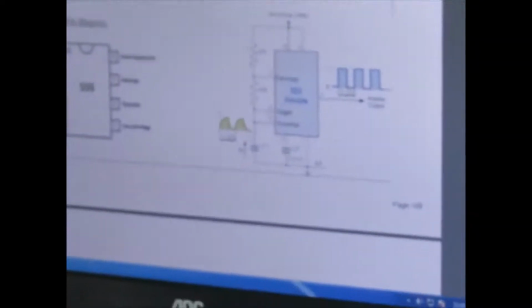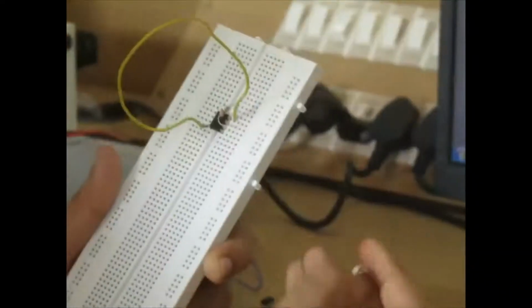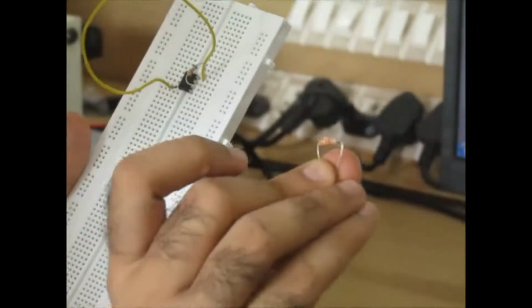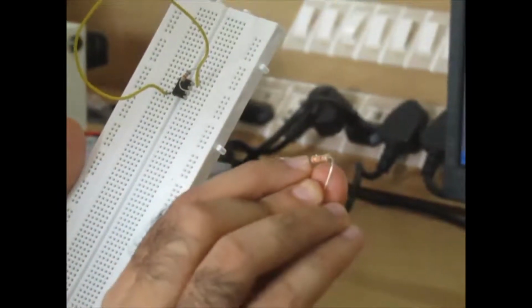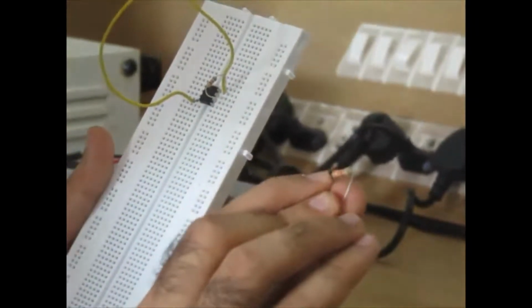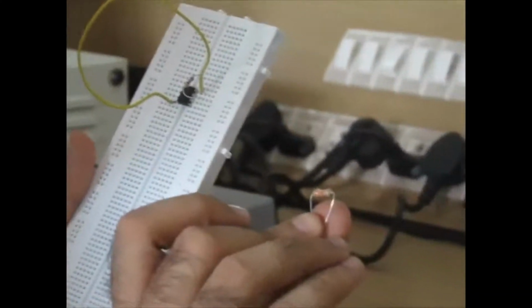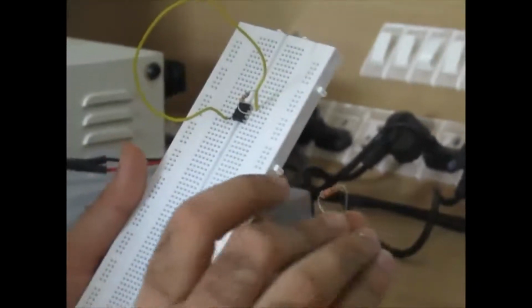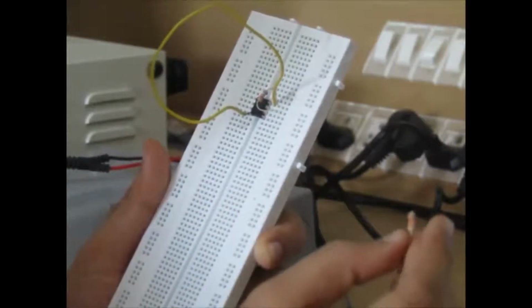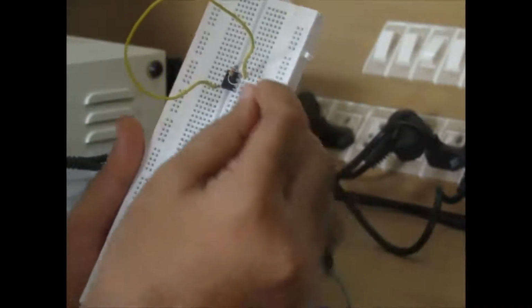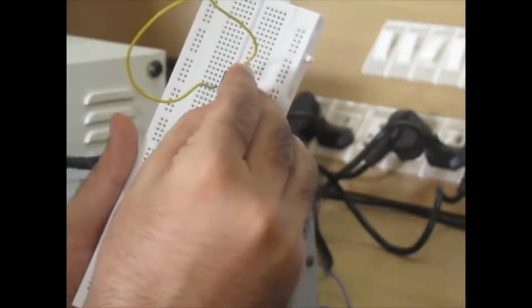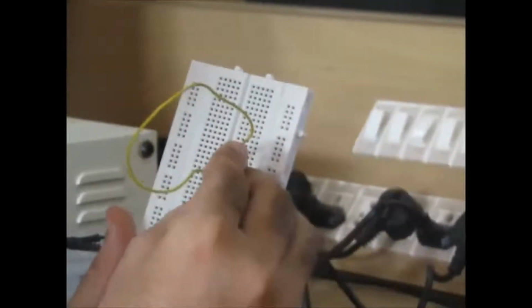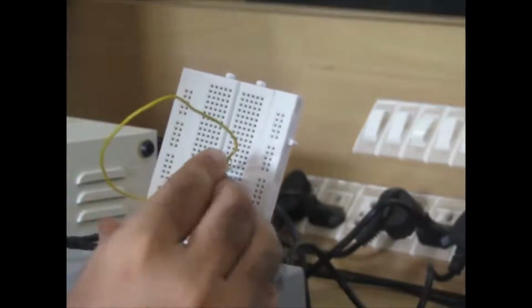Here the R2 value is 3.3K. You can see it has orange and orange, meaning 3 and 3, and then red, which is times 100. So totally it will become 3.3K. From pin number 7 to pin number 2, it will be connected like this.